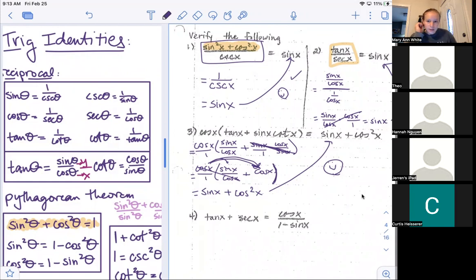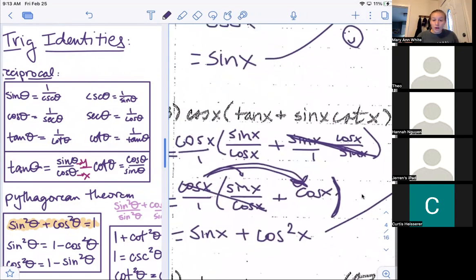That is a great question, Theo. The last two, putting in terms of sine and cosine, have been really helpful. What I said in A period yesterday is, if you're ever stuck or you don't know what to do, just go put it in terms of sine and cosine. For this last one, we could have distributed first. We could have multiplied our cosine by both of those things and then gotten things in terms of sine and cosine.